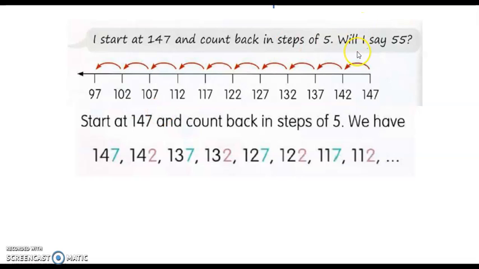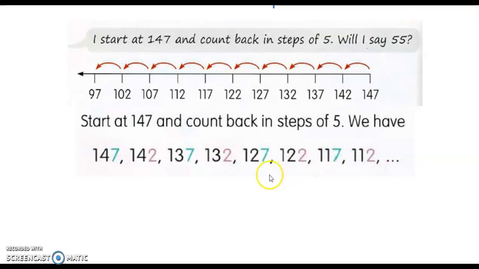The question was, will I say 55? The question is asking, if I still count back, will I reach this number 55? Let's take a look at the ones place here. It's 5, right? Because it's 5 and all the ones place numbers here are either 2 or 7, for sure we will not get 55.